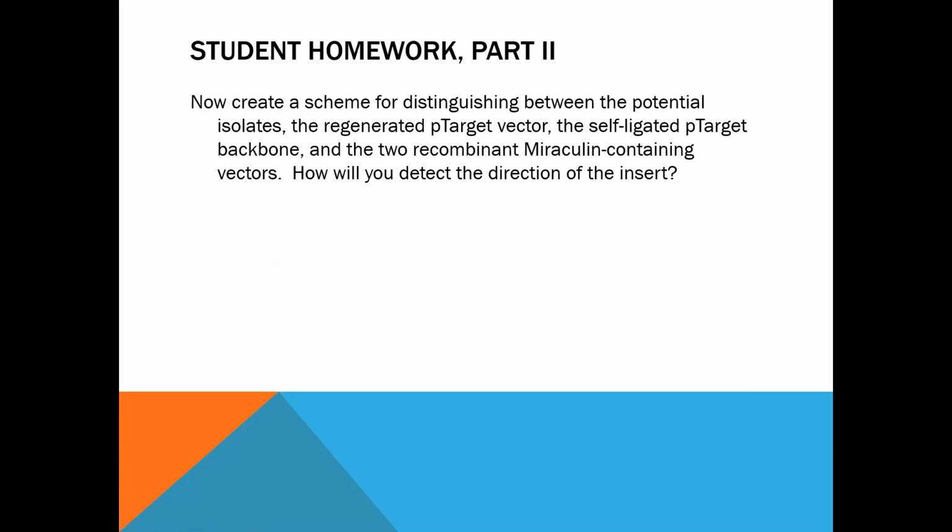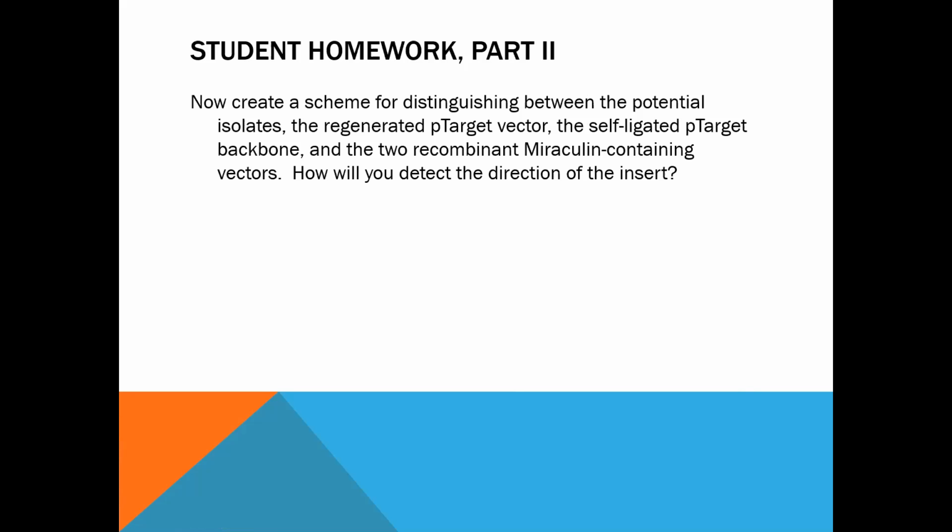So our other issue is because that miraculin gene could go in either way. We now want to find a way using gels and restriction enzymes to tell which direction your miraculin gene went in. Now, I have a list here showing the regenerated p-target vector.